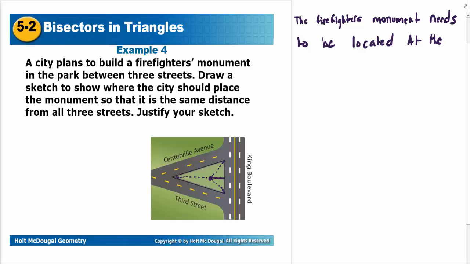Remember, that would give me this segment and that segment, all congruent. So it needs to be located at the incenter of the triangle formed by the 3 streets.